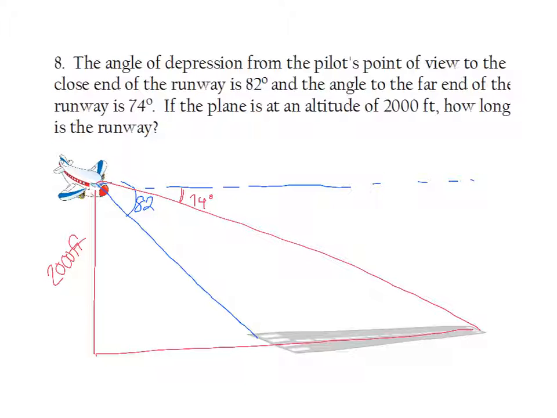I have to drop this down right here this way and turn it into a right triangle. There we go. So I'm going to do the blue triangle, I'm going to do the red triangle. Keep in mind what we're looking for. How long is the runway? That's this distance right here. This is going to work just like the two towers problem did, where I'm going to find this red length here, I'm going to find this blue length, and if I subtract them, then I'll have this missing piece here.